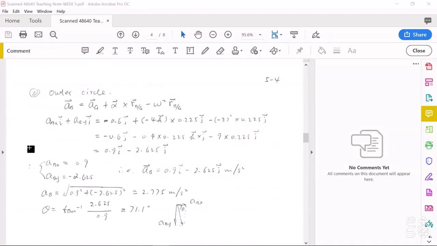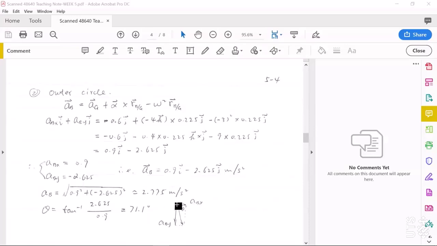Then in the first step, we use the second equation. We do relative acceleration analysis again. We can work out ABX, ABY. ABX, you can see it's positive to the right side.